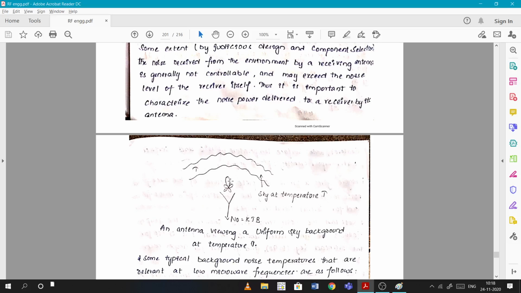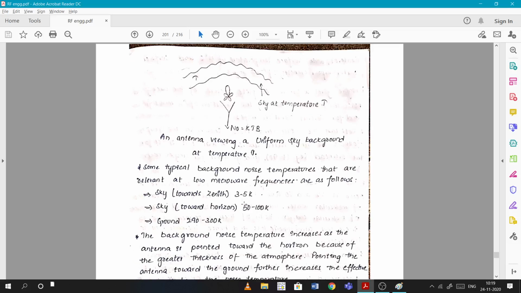We know from my previous lectures, in the noise chapter, what noise power is generated when the temperature is T. That is N0 = KTB. That's how we wrote how much noise power will be generated at a temperature of T. Some typical background noise temperatures relevant at low microwave frequencies are as follows.